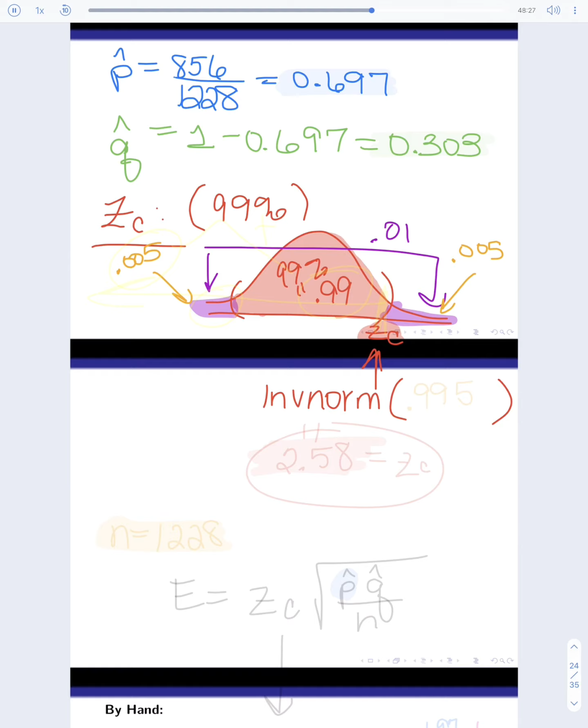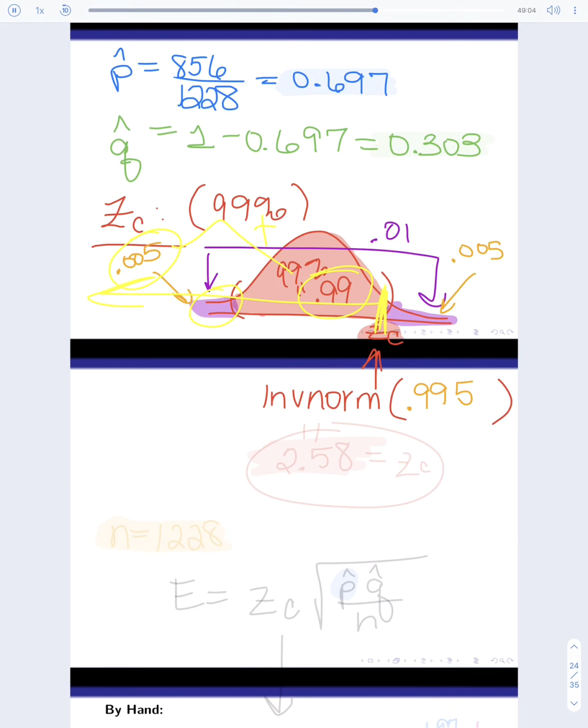If I'm using this picture the way I have it drawn, which is fine, I have to be careful that I'm trying to find this z sub c value. I need the entire area to the left, which means not only the 0.99, but the 0.005 from this little piece at the end also needs to be included. So I need to add the 0.99 and the 0.005, which gets me a total of 0.995 to run my inverse norm on.